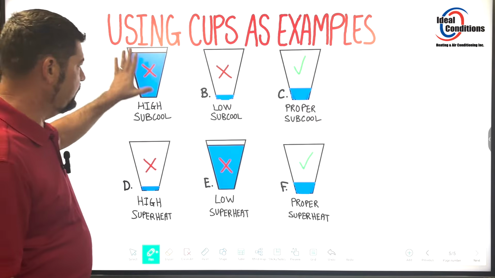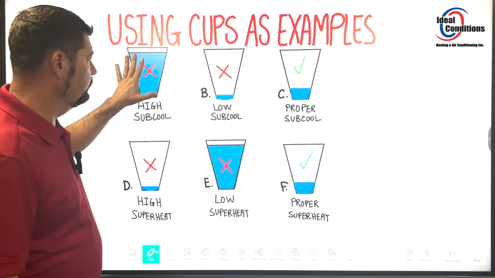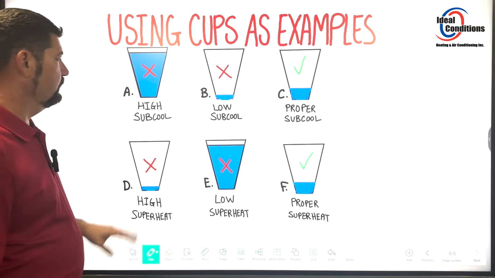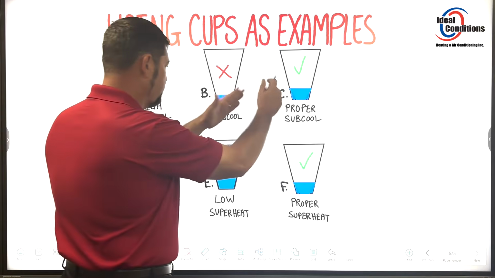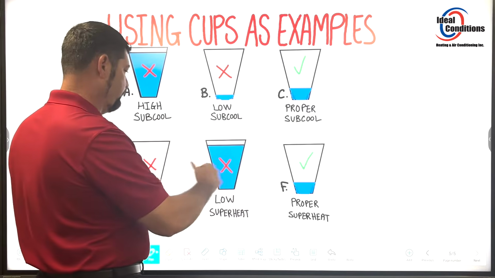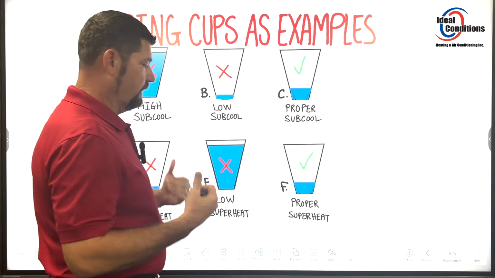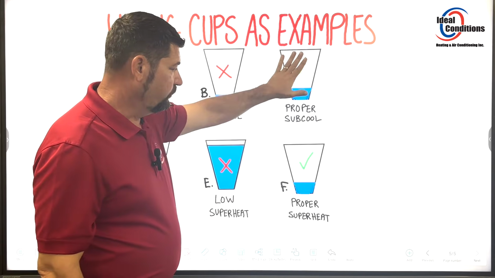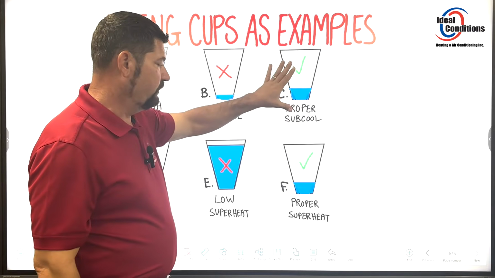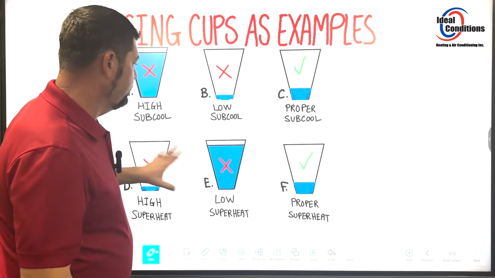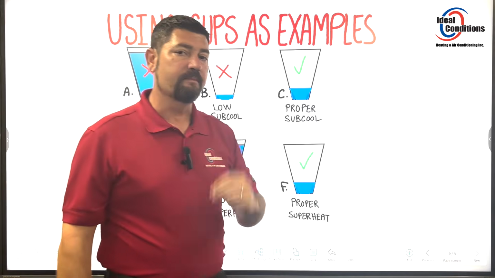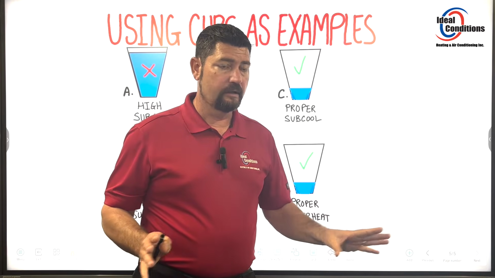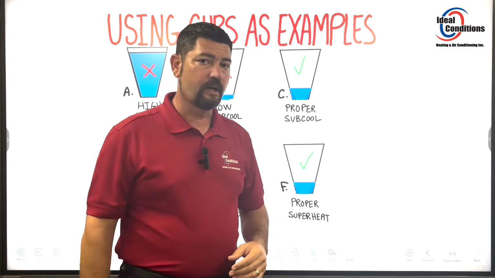And so I have to take one of these three combinations and I have to put them on one of these three combinations, right? So one of the top sections will match up with one of the bottom sections. So if you ever are in a situation where you have a good superheat range or a good subcool range and it's matched with one of these, then something does not make sense. 1 plus 1 equals 2. It doesn't equal 3. Right? So proper has to be matched with proper.